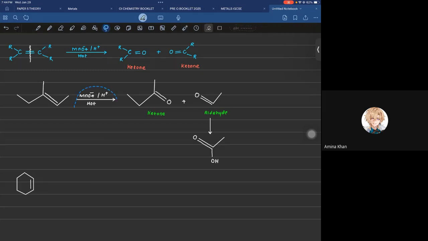So what would be the product if you oxidize it with hot KMnO₄? Can you write down the product? Then I will tell you what the product is. Quickly.